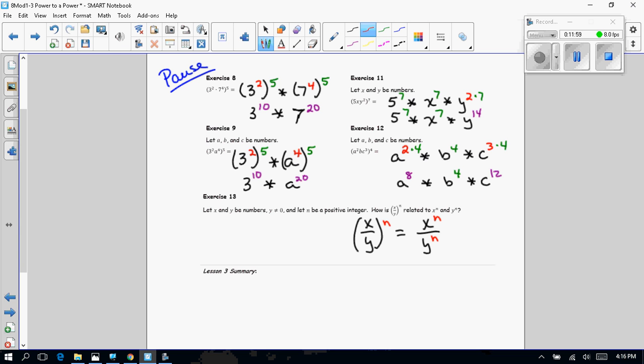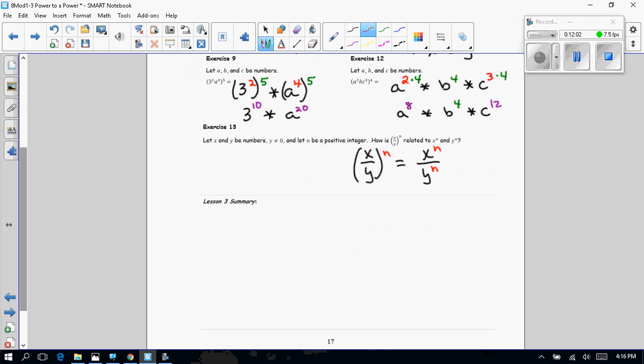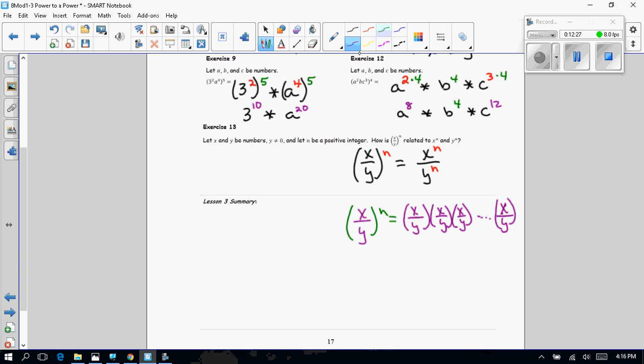Okay, so let's work with the original. Let's take x over y to the n power, right? If I break this into multiple problems, x over y times x over y times x over y, do that how many times? N times, that's right. Right, I'm going to do this n times. Then what I could do is break this into x times x times x times x, right?